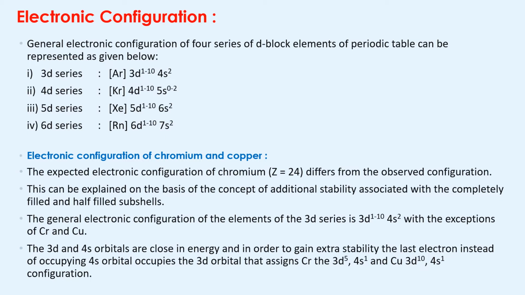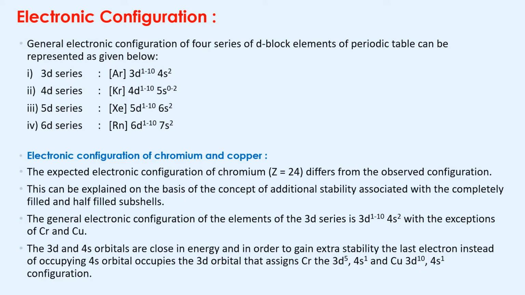At that time you have to explain why chromium and copper, only these two elements, show a different observed electronic configuration as compared to the expected one. This can be explained by considering that they have attained extra stability due to the completely filled and half filled subshell.